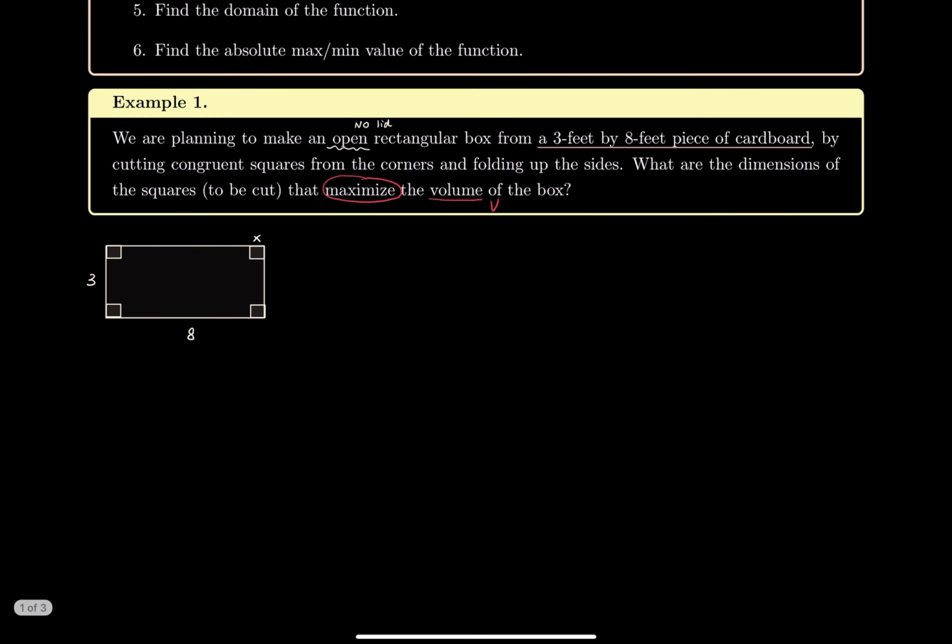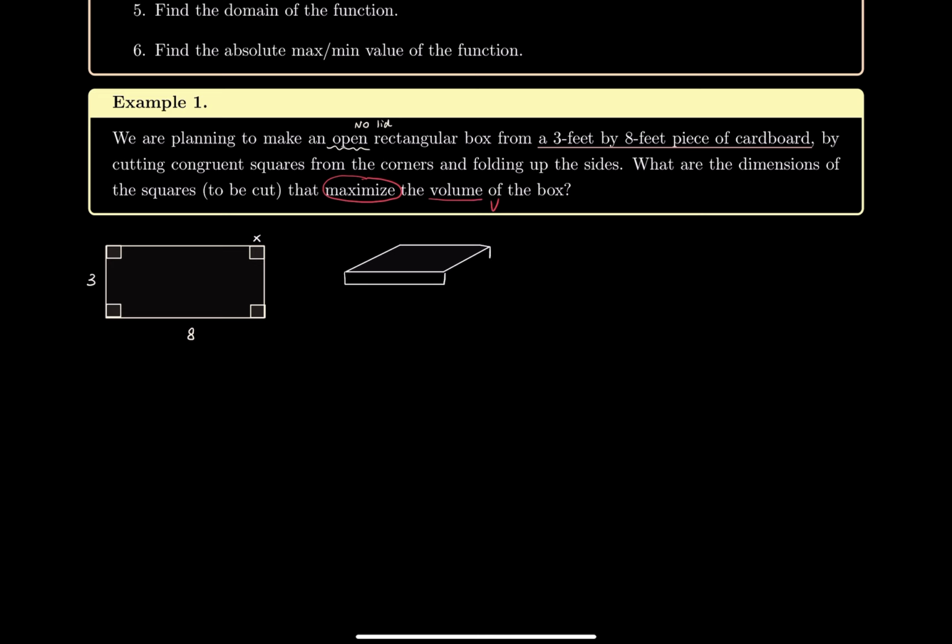Not just that, I'm going to do one more thing. Because I'm making a rectangular box, I'm going to draw a rectangular box as well. Just to make sure you know what's going on, I'm going to draw a box. It doesn't have to be perfect, as long as you can understand.